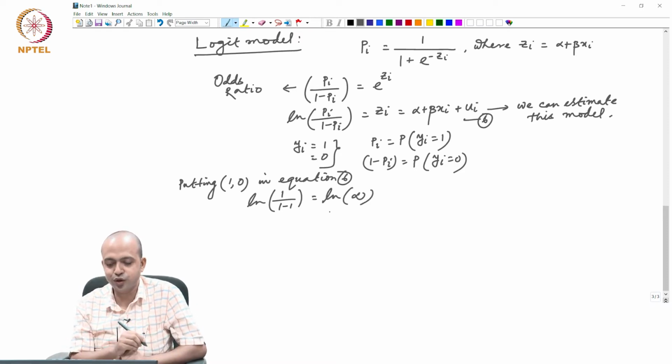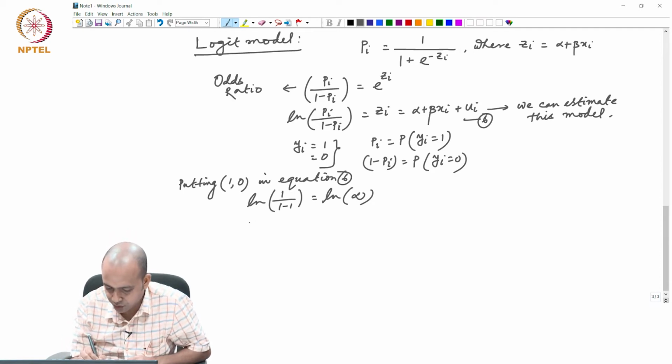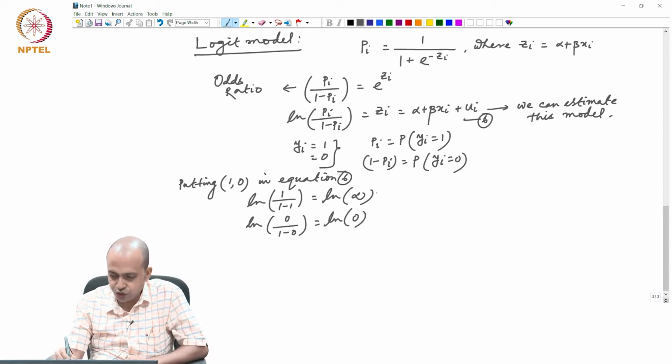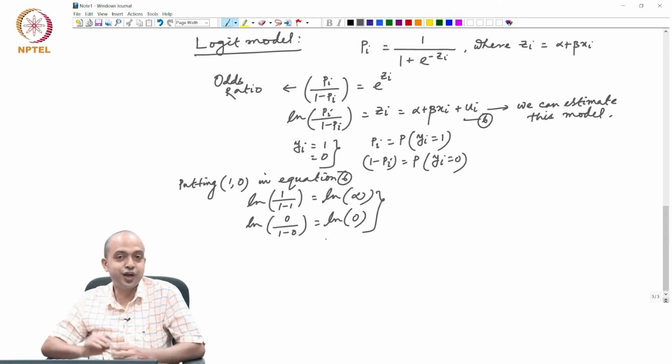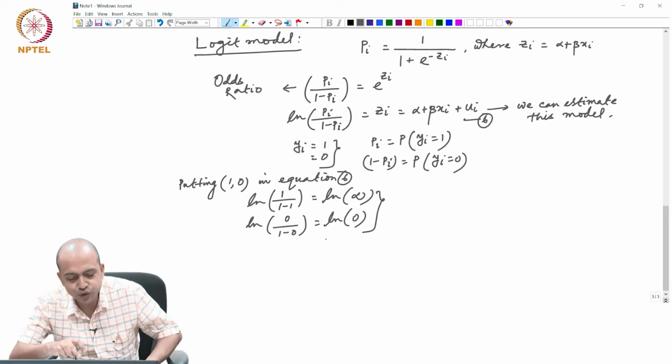And if you put 0 here, it becomes log of 0 by 1 minus 0, which equals log of 0. This would become your dependent variable. Can we estimate this model? No. That means we cannot actually put 1 and 0 in this equation.